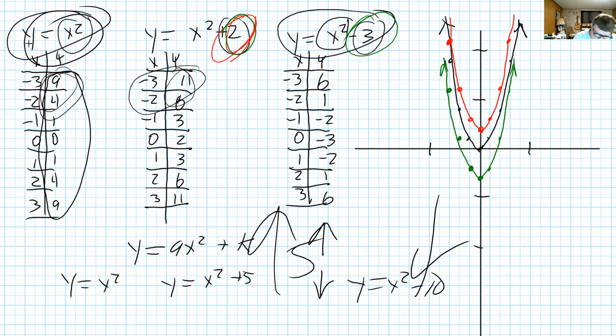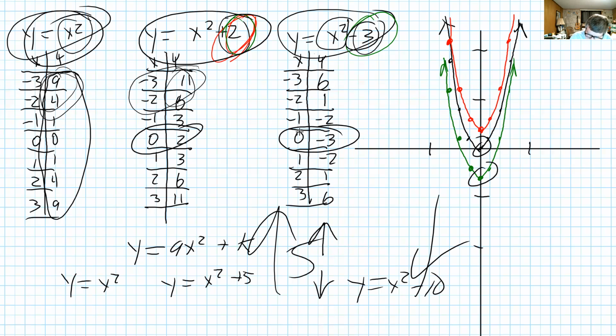The first one. This one has the vertex moved up 2 units. It's at 0, 2. This one, the green one, has the vertex at 0, -3. So this constant out here, by shifting the graph up or down, shifts the vertex up or down.